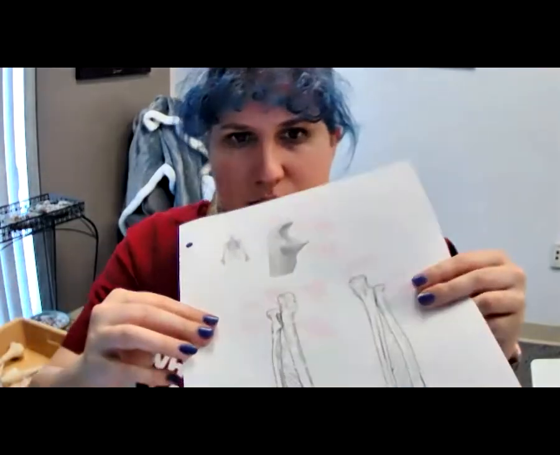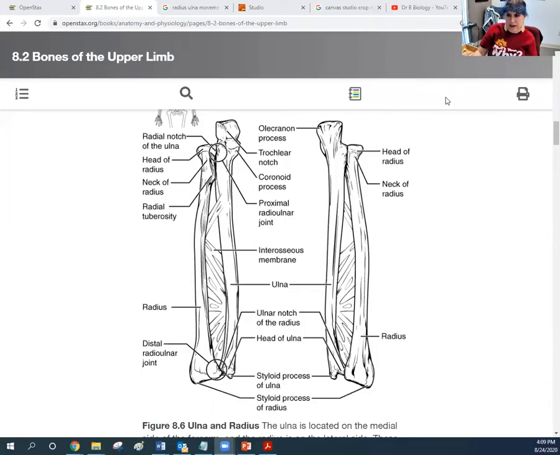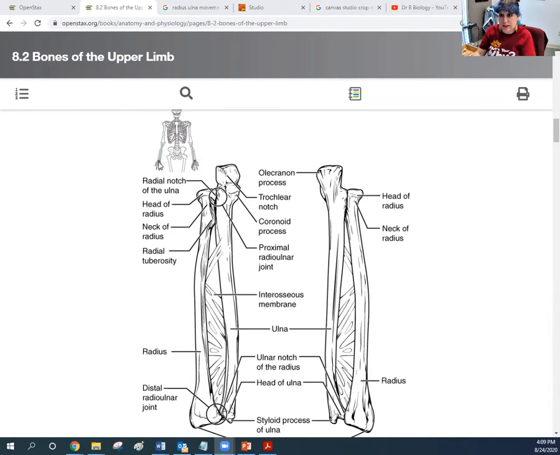If I show these, I should really just pull them up on screen. Let me put them up for you. These are figures from the OpenStax textbook. Here we have figure 8.6 from OpenStax, and what you can see is an anterior view of this right forearm.